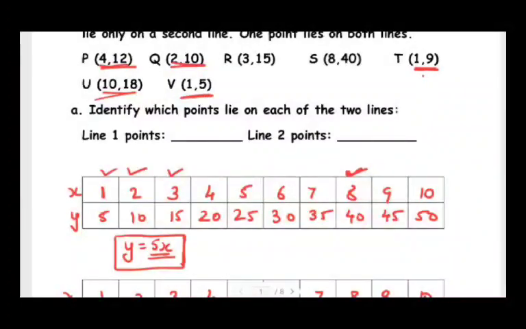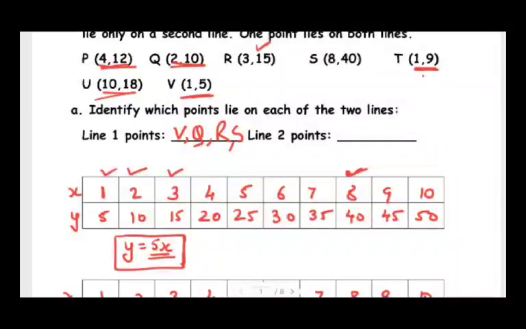So I have 1 and 5, coordinate V. I have 2 and 10, which is coordinate Q. I have 3 and 15, which is coordinate R, and I have 8 and 40, which is coordinate S.